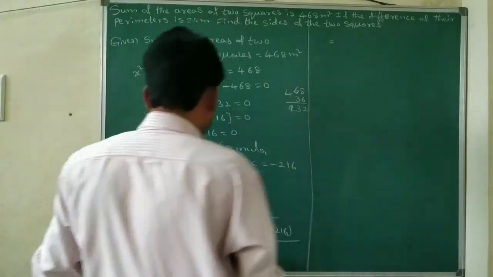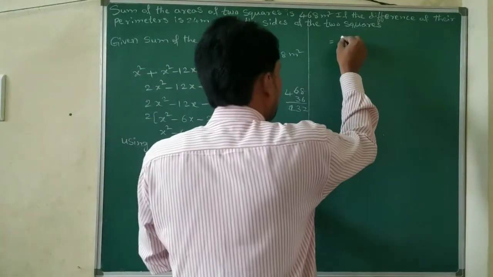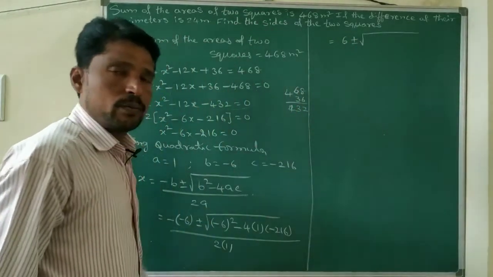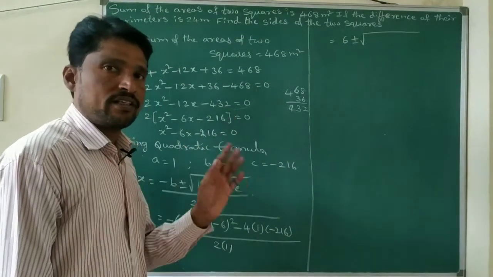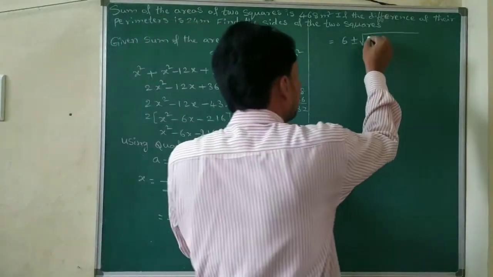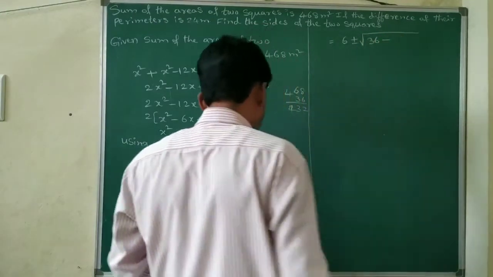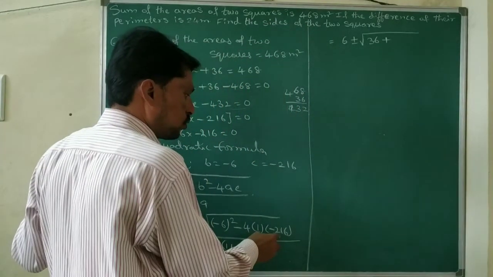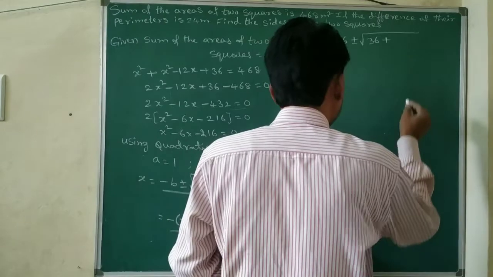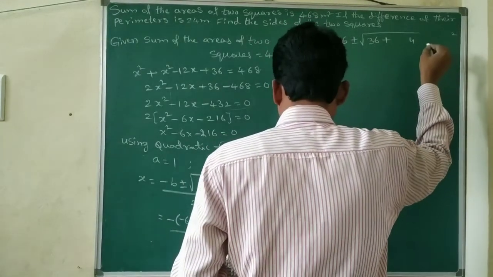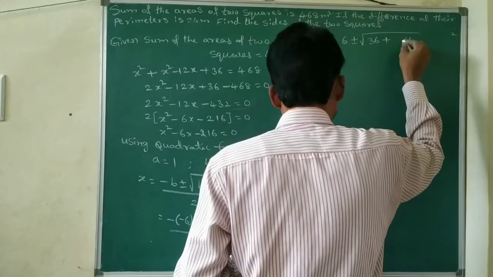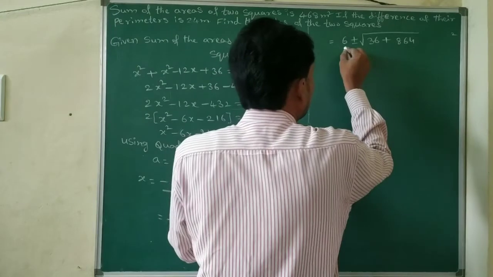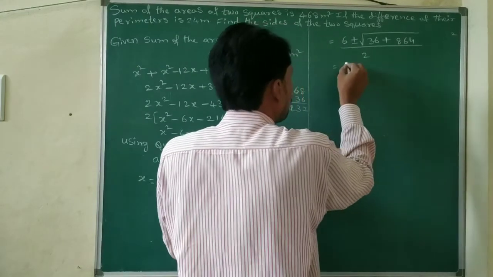Minus 6 whole square is minus 6 into minus 6, which is plus 36. Minus into minus gives plus. 4 into 216 is 864.